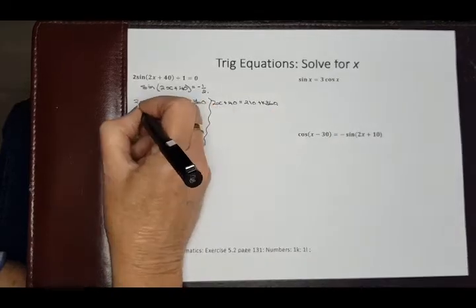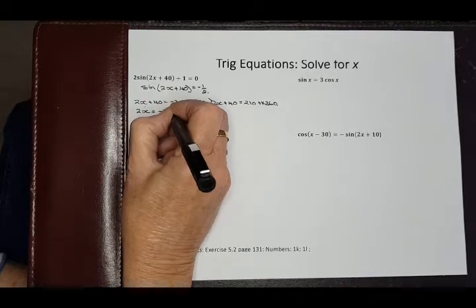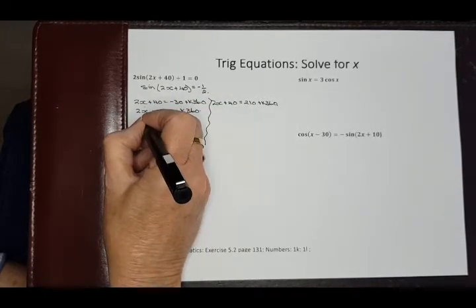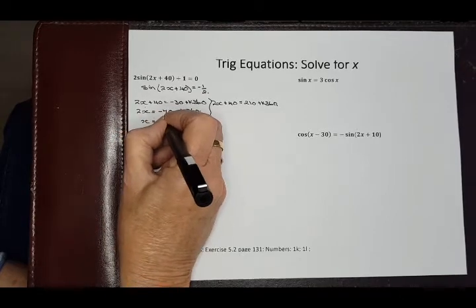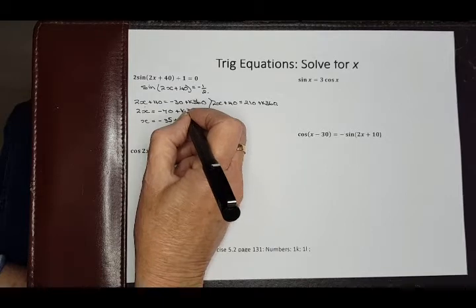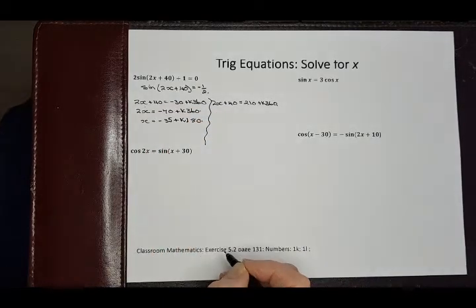I still need to get the x on its own, so here 2x is going to equal -70 + k·360, so x will equal -35 + k times 360 divided by 2, 180.